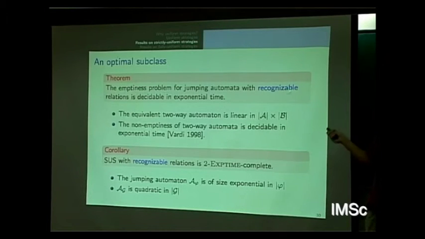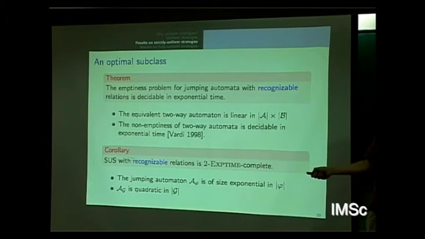And so this gives that you can decide the emptiness of jumping automata when relations are recognizable in exponential time, because the two-way automaton is of size linear in the jumping automaton and the automaton that recognizes the relation. And the non-emptiness of two-way automata is decidable in exponential time.